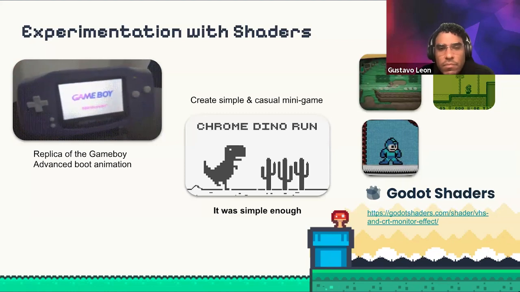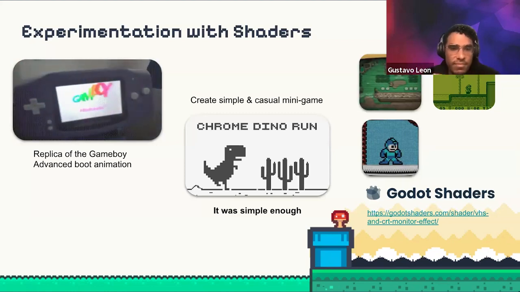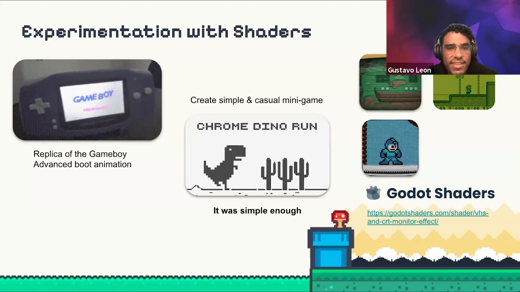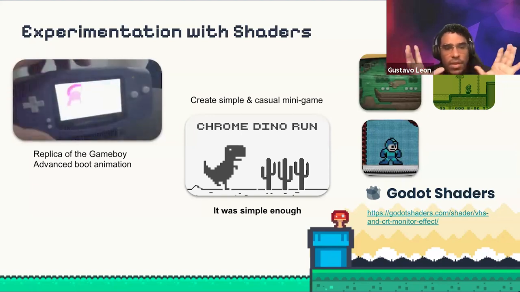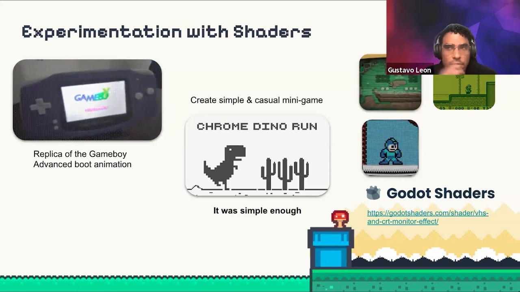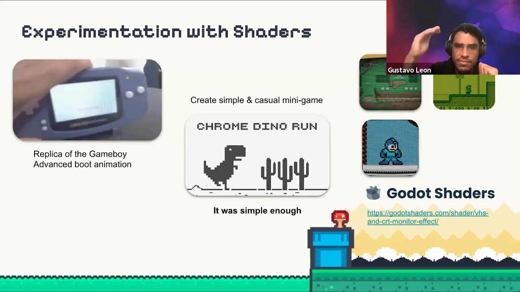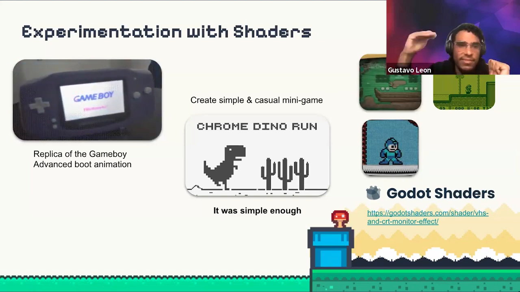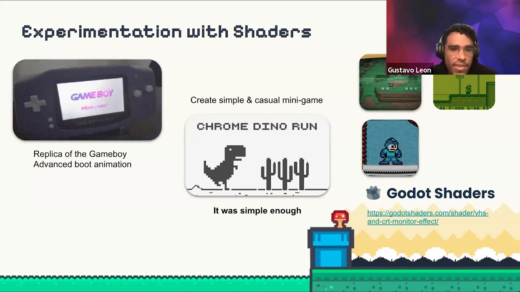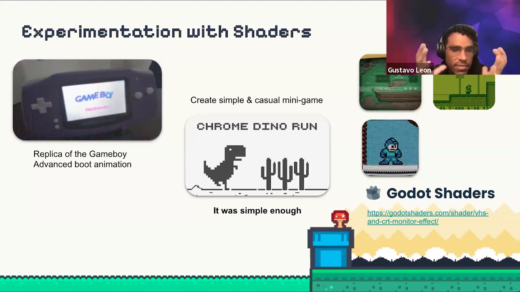Then I thought of the Dino Run game from Chrome, which you all probably know. It was simple enough to play with just one single button, and you have to avoid the airborne obstacles. That was the simple idea.